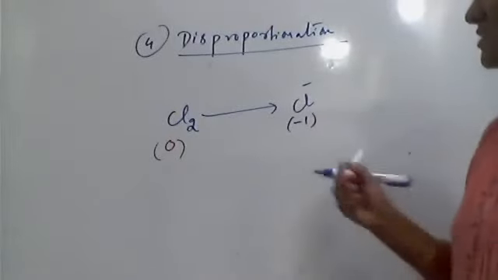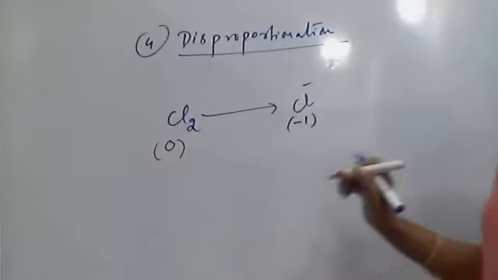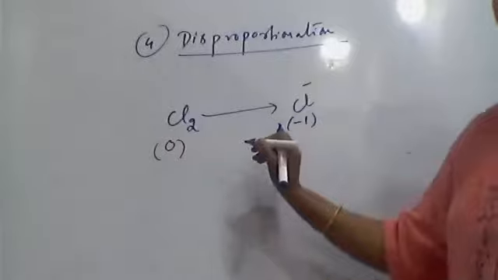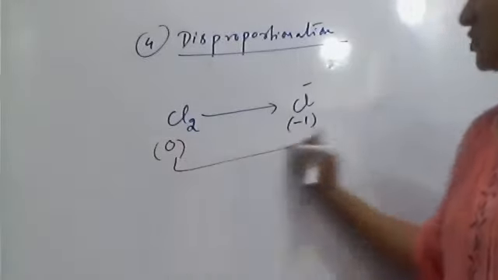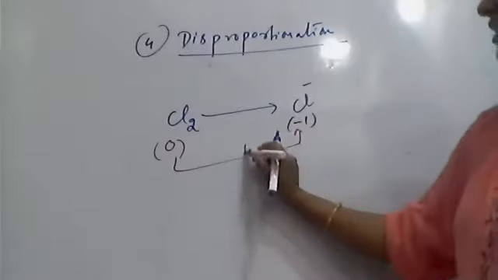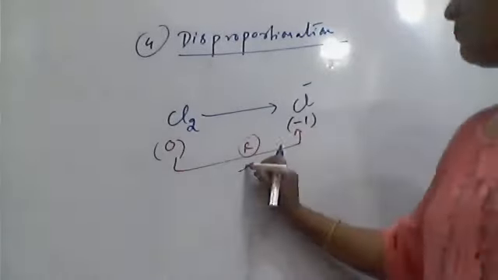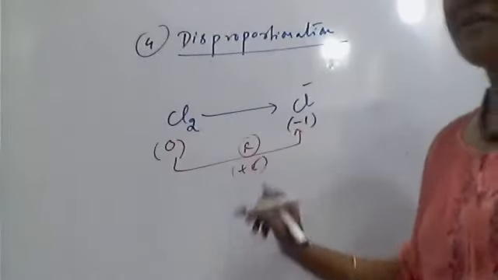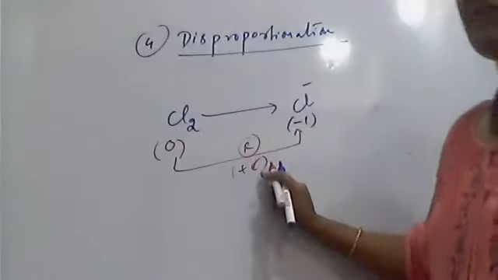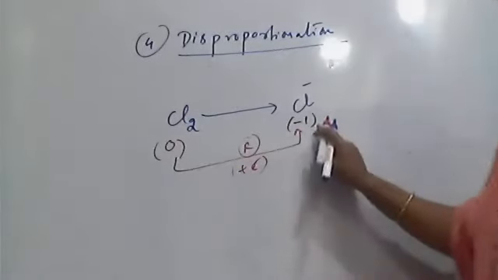This is called reduction. If it changes from Cl 0 to Cl minus, it is called reduction, by gain of one electron. Electron means one negative charge. So 0 plus minus 1 gives minus 1.